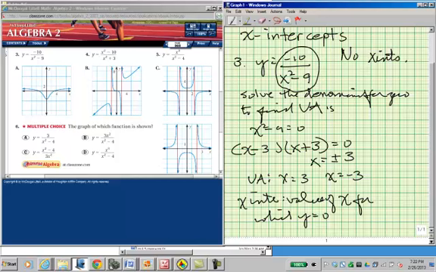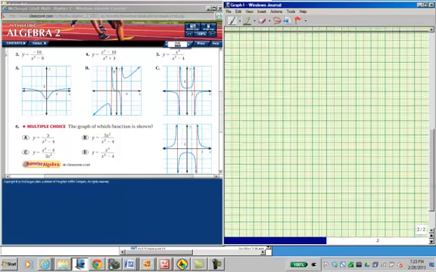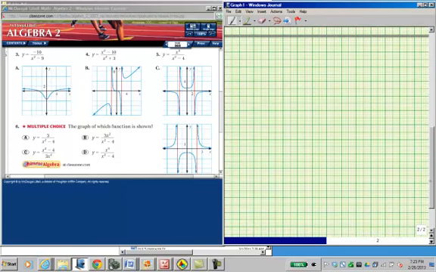So for the function for B, there must be a variable in the numerator. All right, so equation for 3 has no x-intercepts and two vertical asymptotes. And this is really the whole lesson for 8.3. And we're going to be doing this over and over again.